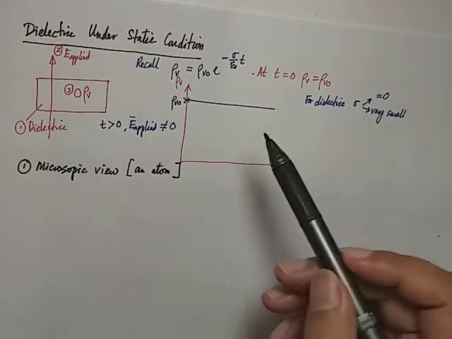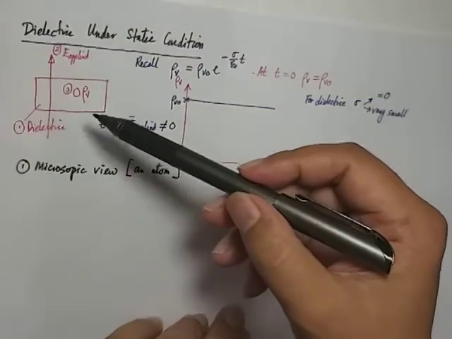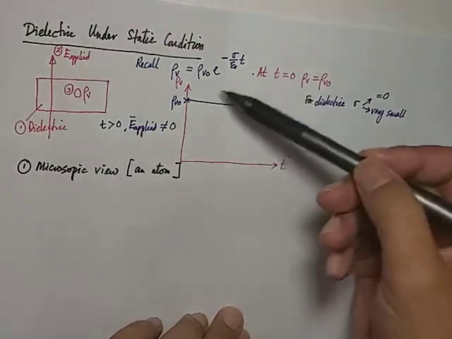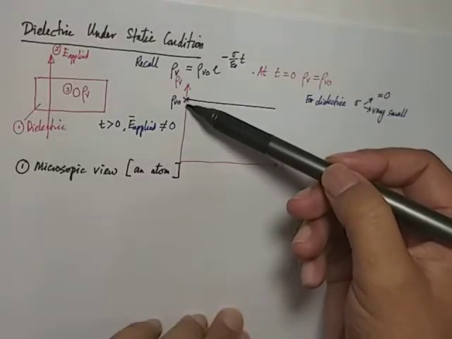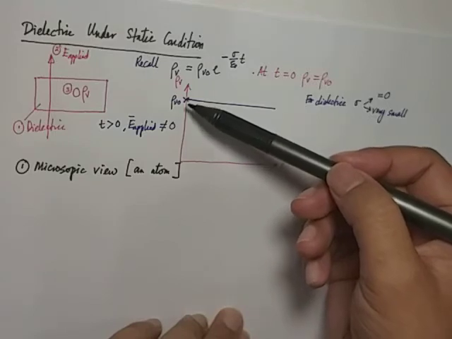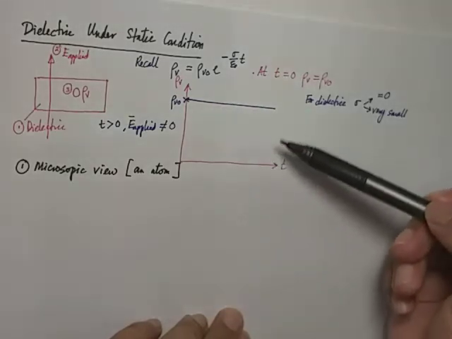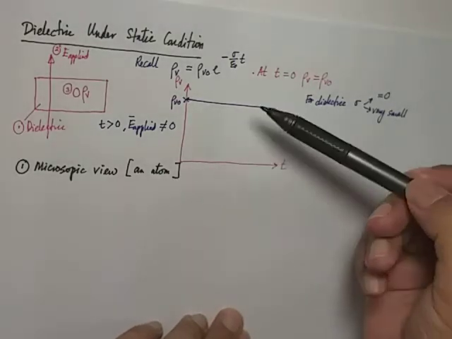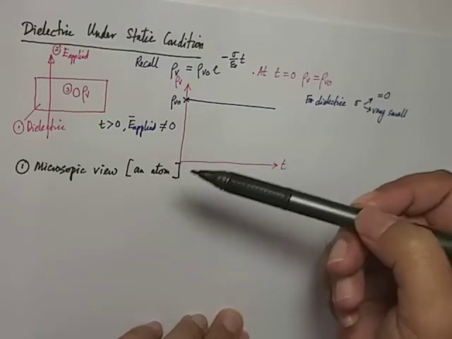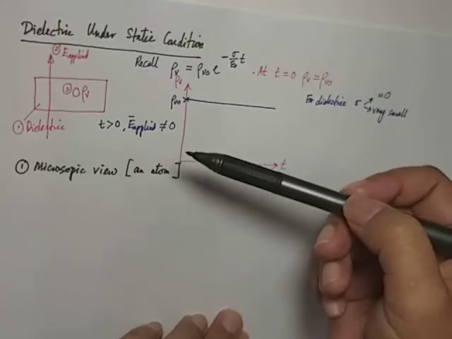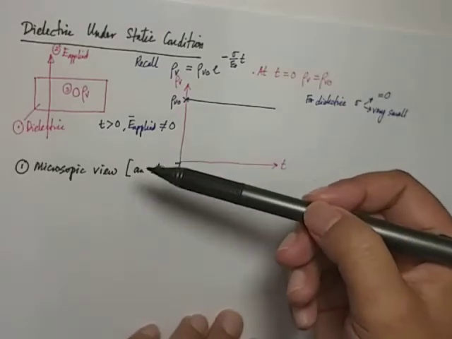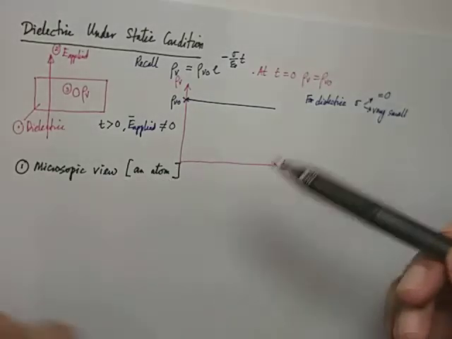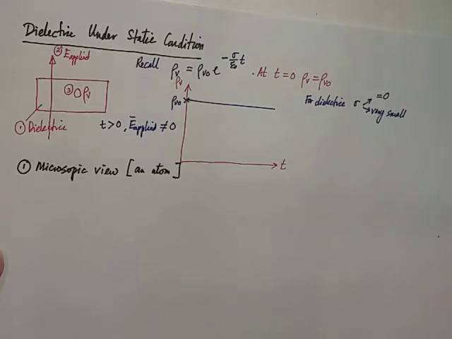That's what we're going to talk about, because we know the charge still stays at that position, since from this particular graph we conclude that the charge is still there because the value of rho V nearly remains the same even though we expose the dielectric material to the electric field applied. So we're going to talk about one atom, and that discussion we're going to note as the microscopic view: an atom, how it responds to E applied.